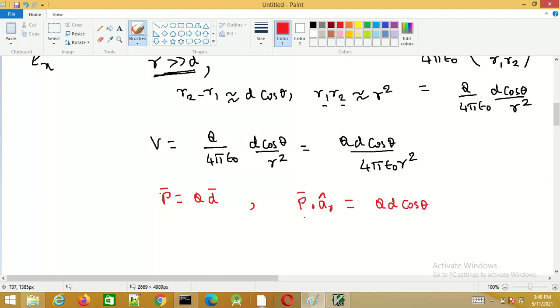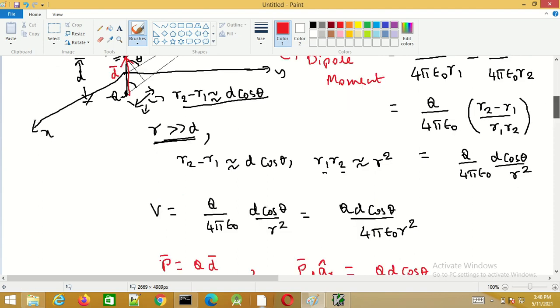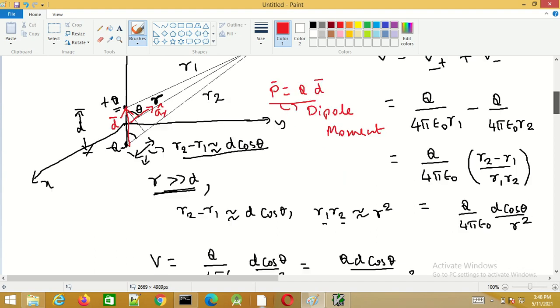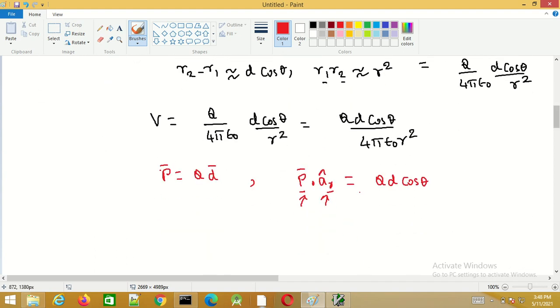The magnitude of P is QD, the magnitude of AR is 1, and the angle between the vector P and the unit vector AR is theta. So D dot AR is nothing but D cos theta. Therefore P dot AR is given by QD cos theta.